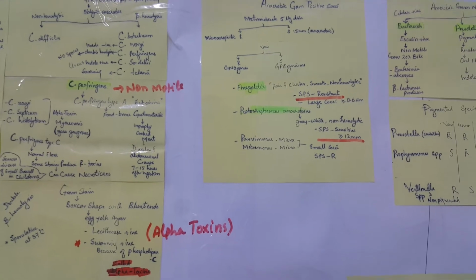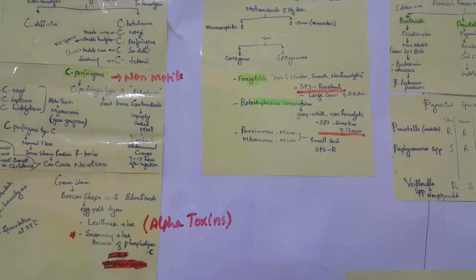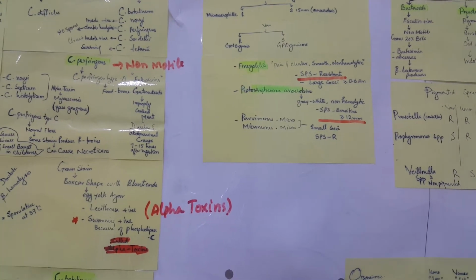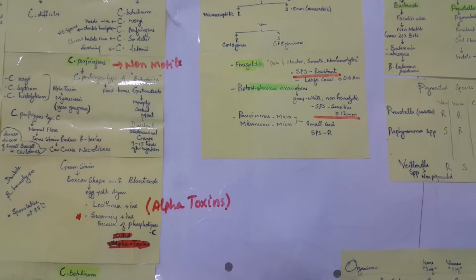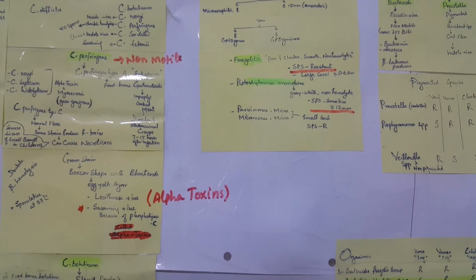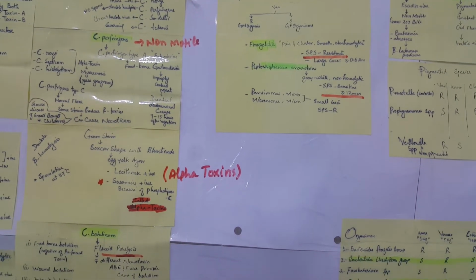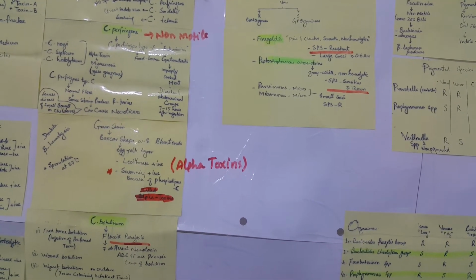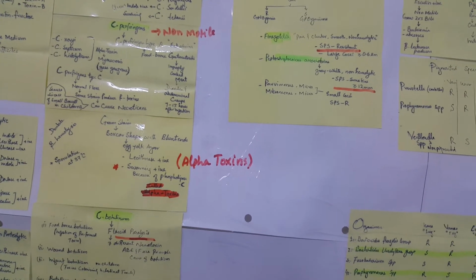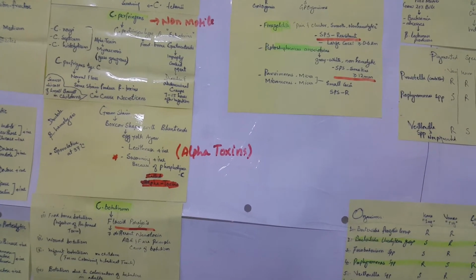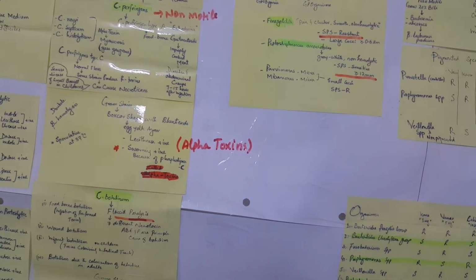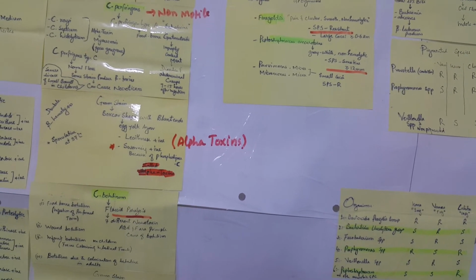Finegoldia magna is in pairs and clusters, smooth, non-hemolytic, SPS resistant, large cocci. These are equal to or greater than 0.6 micrometer. Another group in the gram-positive anaerobic cocci is Peptostreptococcus anaerobius, which is gray-white, non-hemolytic, SPS sensitive, and the zone is equal to or greater than 12 mm.